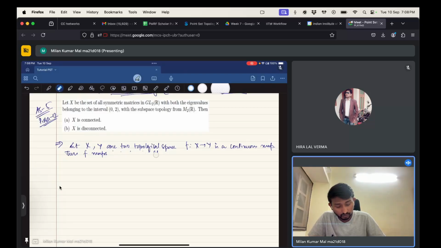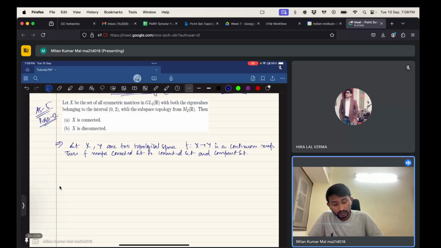Path connected is also true, but yes, it will map connected sets to connected sets, and compact sets to compact sets.